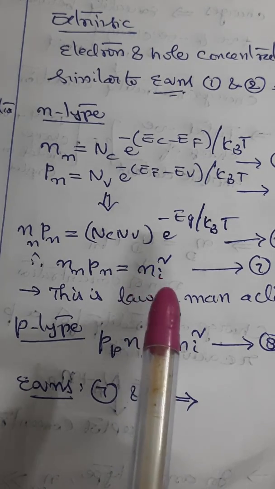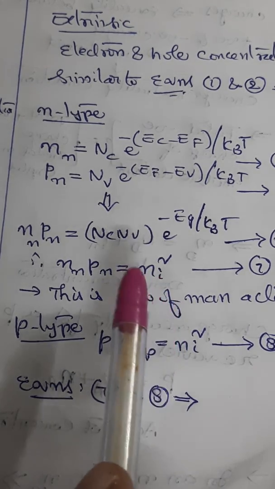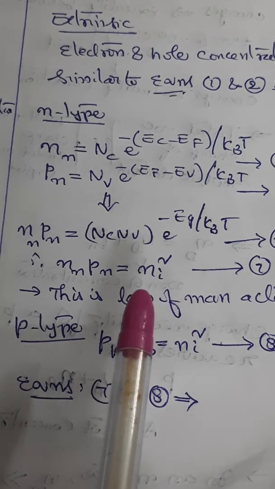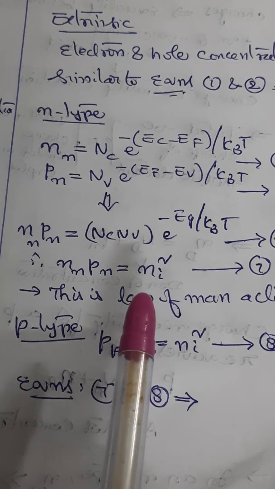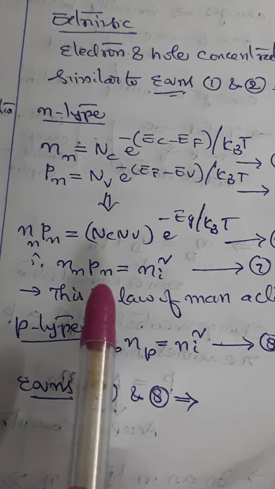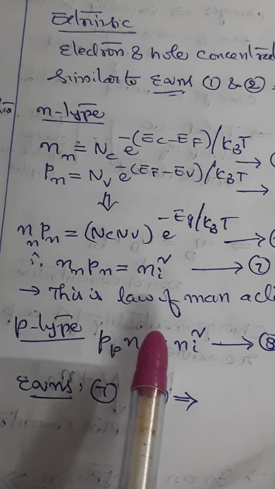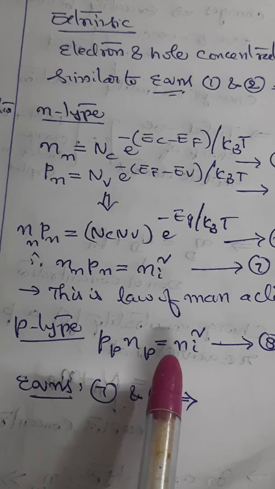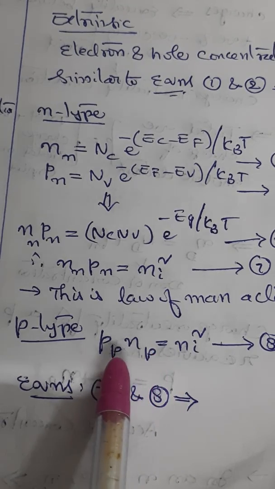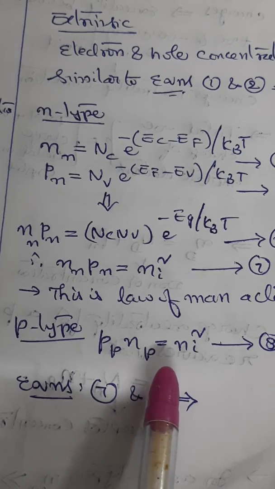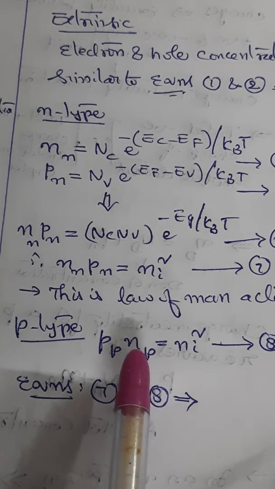So the minority carriers decrease in number below the intrinsic value because the majority carriers increase the rate of recombination. So the law of mass action states that the product of majority and minority carriers remains constant in an extrinsic semiconductor, and it is independent of the amount of donor and acceptor impurity concentrations.